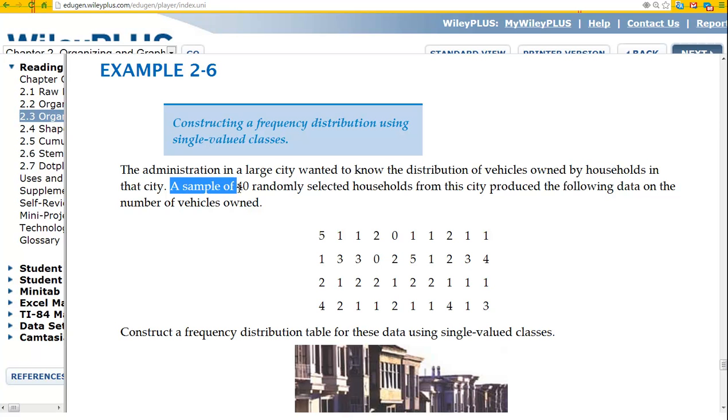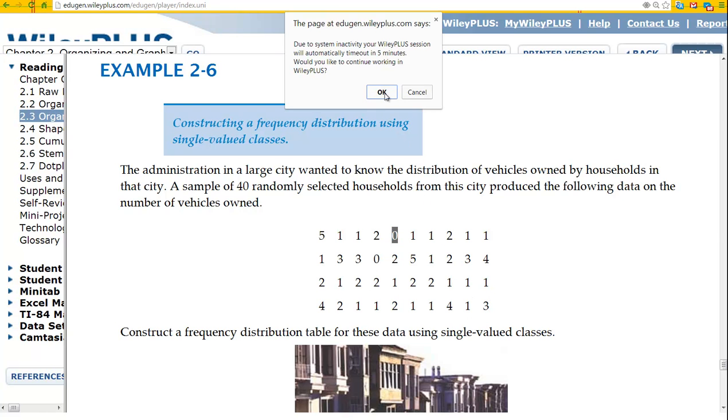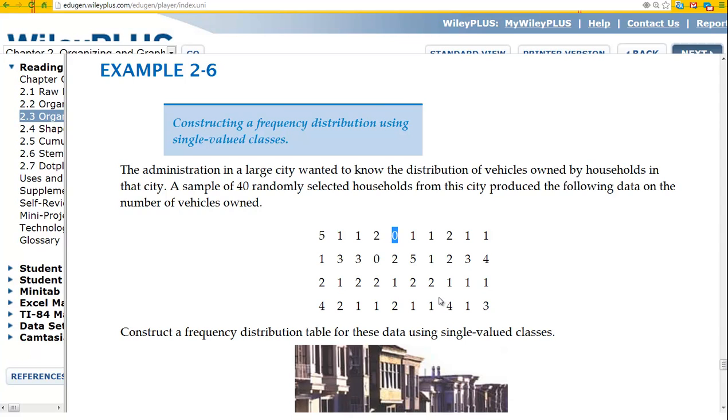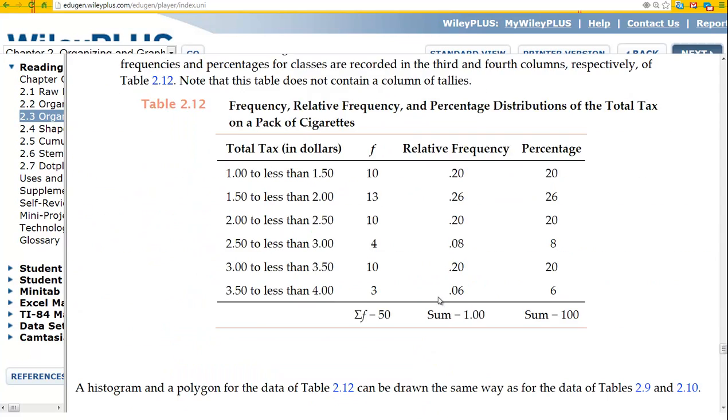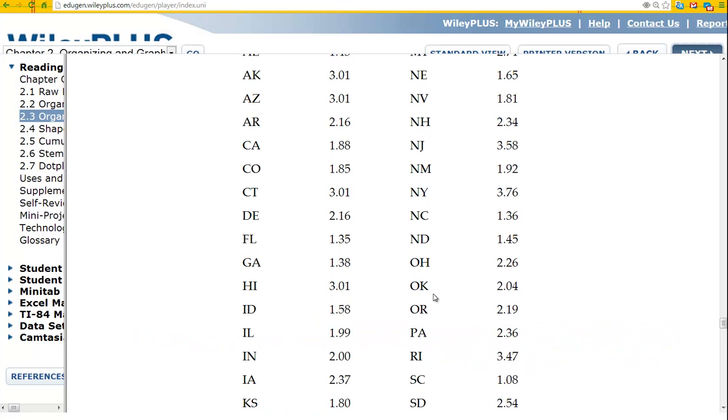A sample of 40 randomly selected households from this city produced the following data on the number of vehicles. The first family had 5 vehicles, the next one had 1, the next one had 1, the next one had 2, the next one had none. Okay, so we have this data here. Now this data is kind of different than this data here.